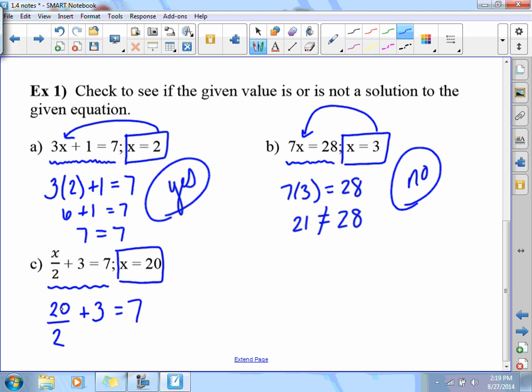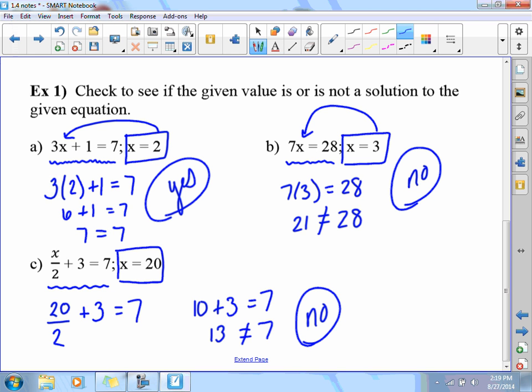Now to simplify, on the left side, I'm going to take 20 divided by 2, which is 10, plus 3, and 10 plus 3 is 13. That is not equal to 7. So again, no, that value of 20 is not a solution to that given equation.